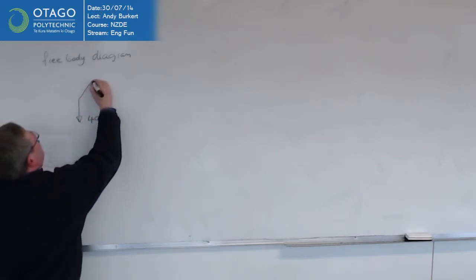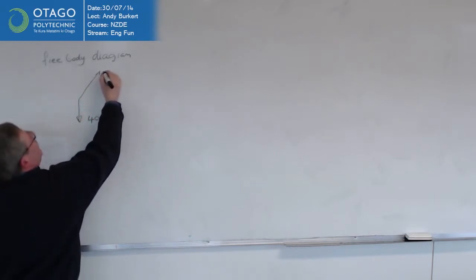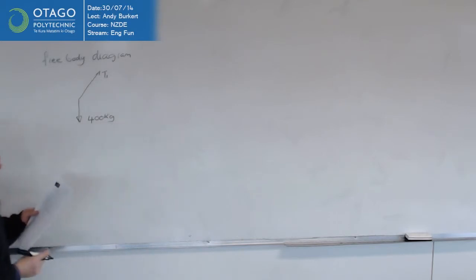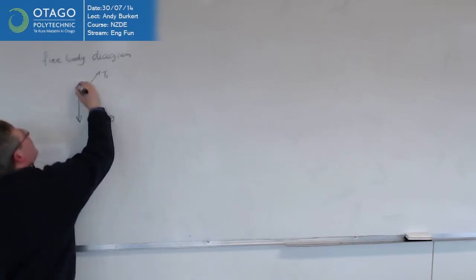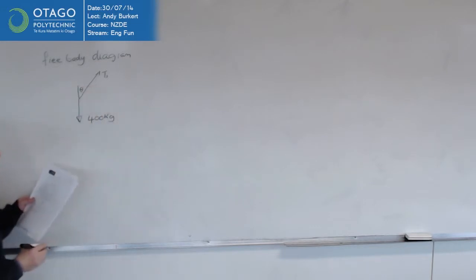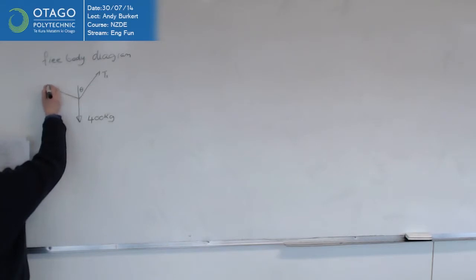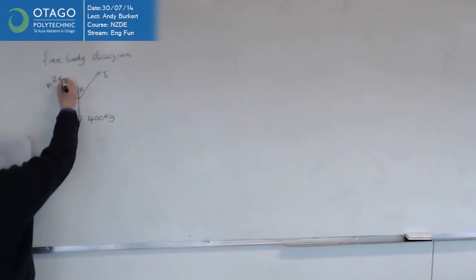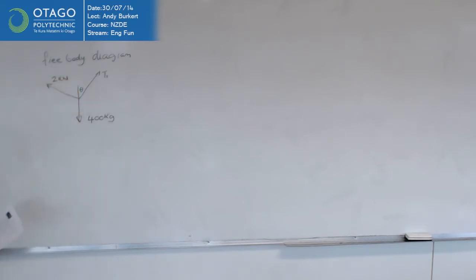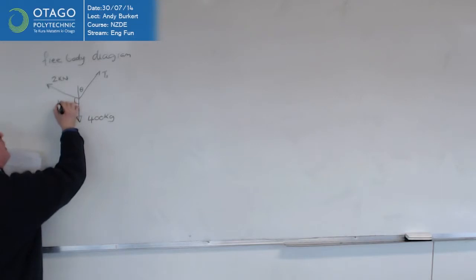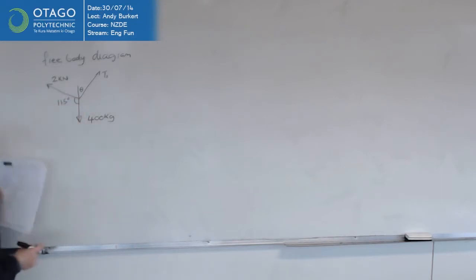We've got tension 1 and angle theta there, and we've got another force over here, 2 kilonewtons. And we're told that that angle there is 115 degrees.